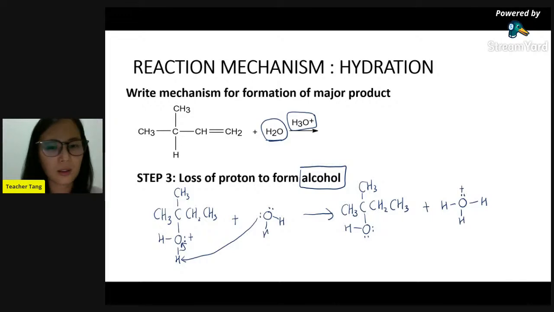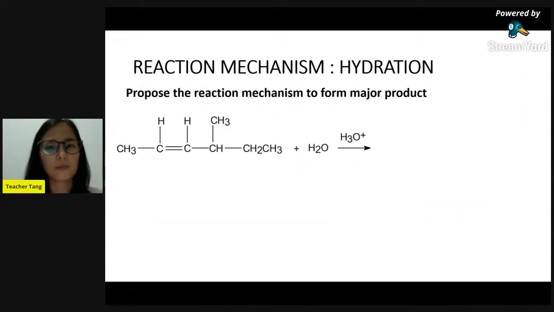Okay, so then we move on to look at the next one. So again, we want to draw the mechanism to form the major product. Okay, so now shall we draw the product first?